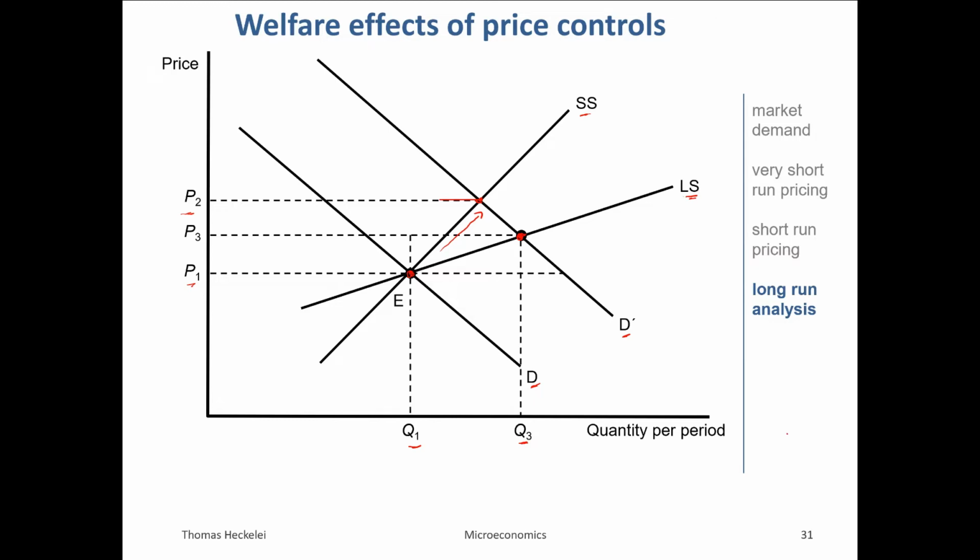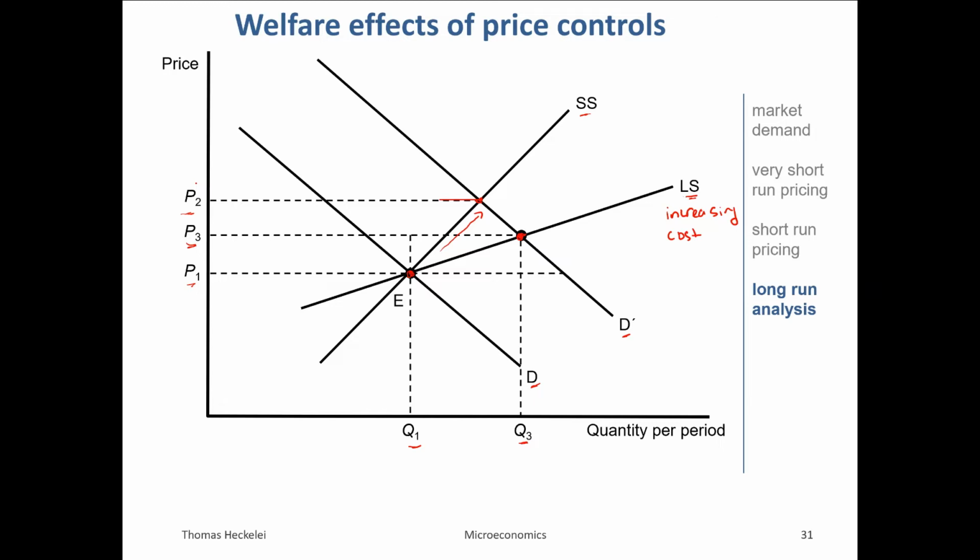Because the long-run supply curve is upward sloping. Therefore, the new long-run equilibrium price P3 is still higher than P1 but lower than P2. That's what we know.